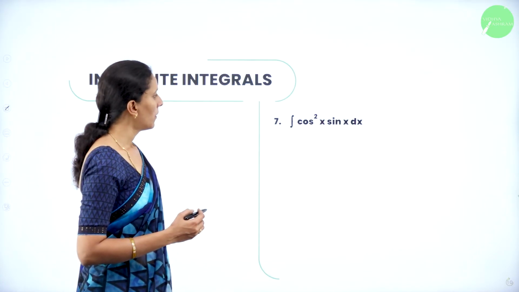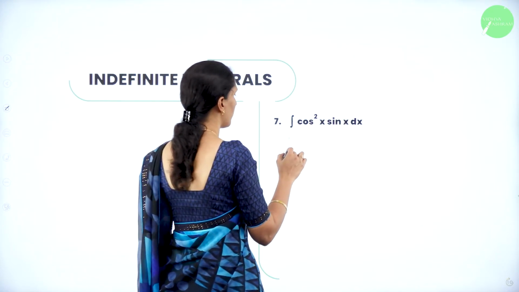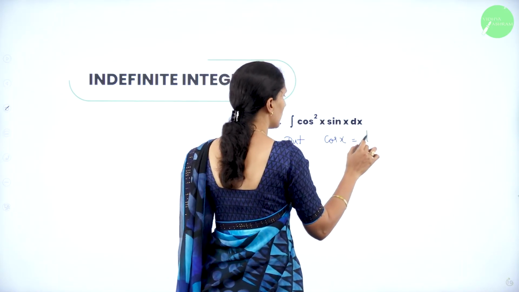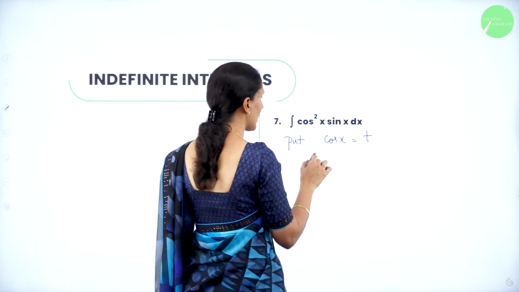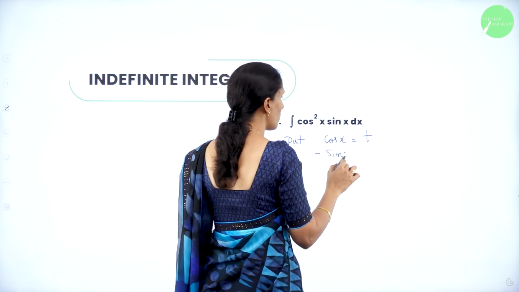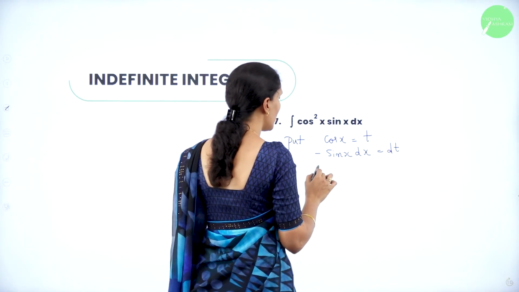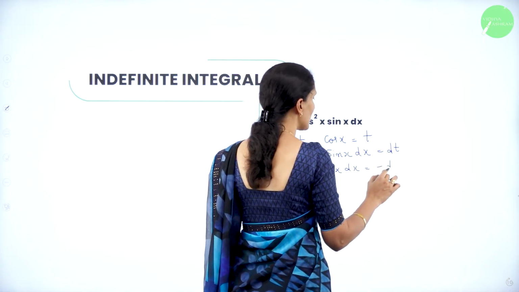So here put cos x as t. Then what is the derivative of cos x? It is minus sin x. So minus sin x dx is equal to dt. I need only sin x dx, which becomes minus dt.